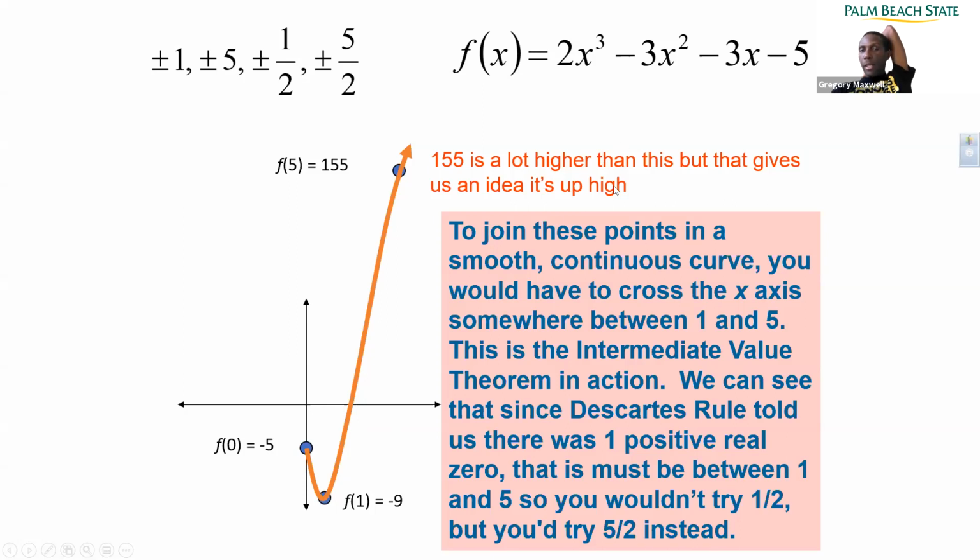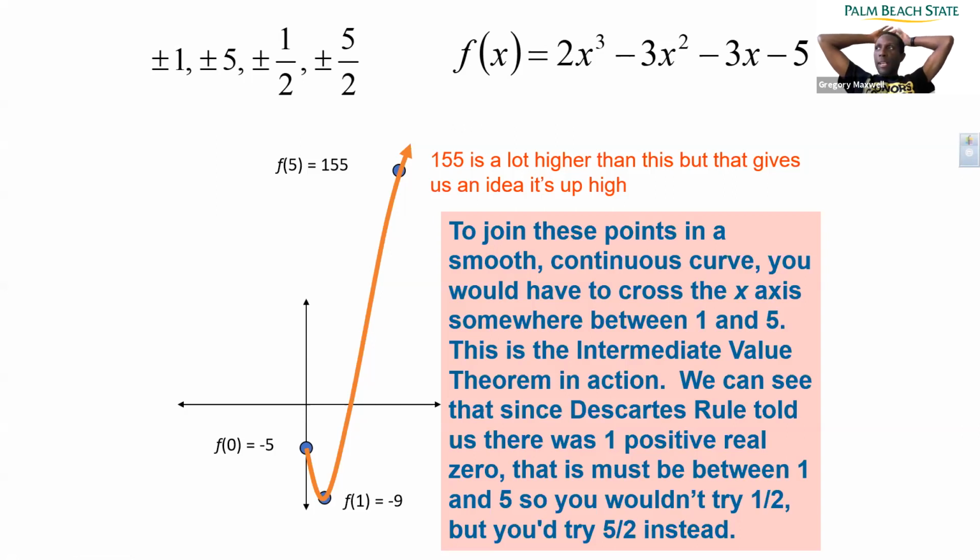But here's the thing. The intermediate value theorem says that if you have a continuous function and you plug in two different numbers, one of them gives you a positive answer and the other gives you a negative answer, then the graph crosses the x-axis between those two numbers. That is what the intermediate value theorem says.